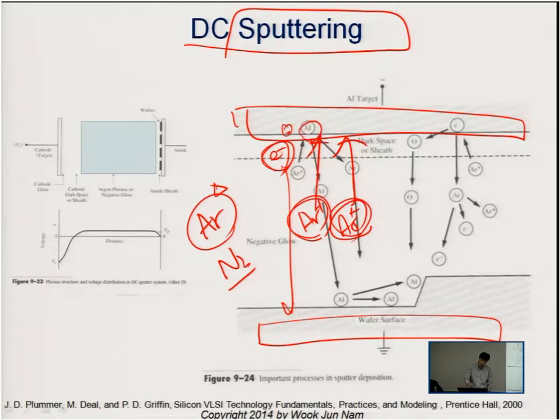The target materials are sputtered out, move to the substrate, and form a film.